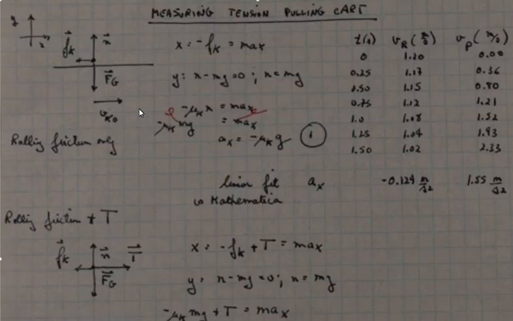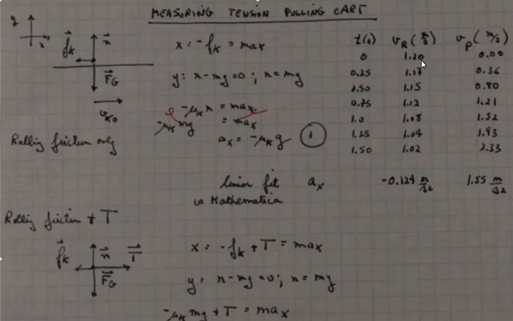The initial velocity is 1.2 meters per second, and because the net force is in the negative x direction, the acceleration will also be in that direction. The rightward speed decreases. We have that data every quarter of a second.